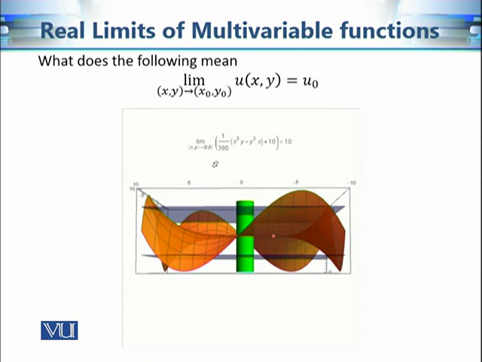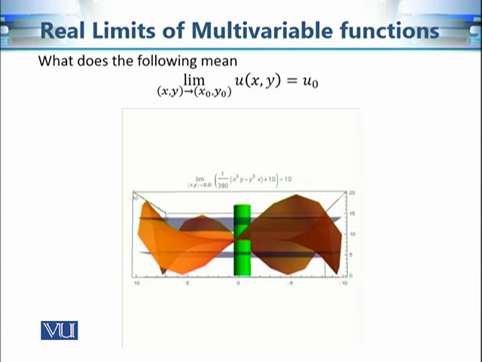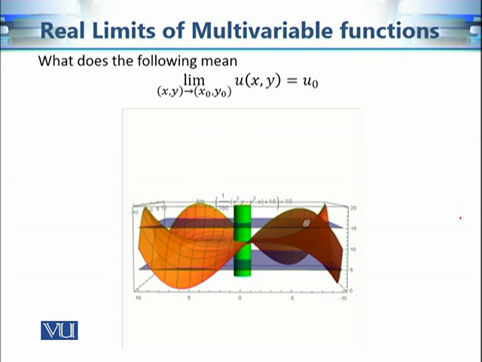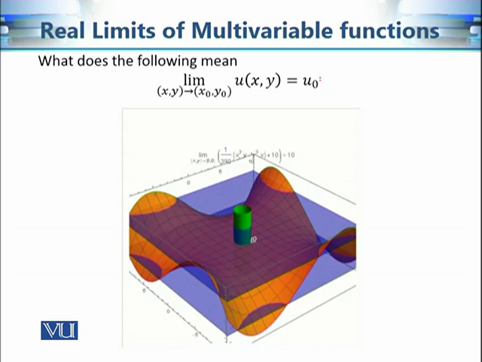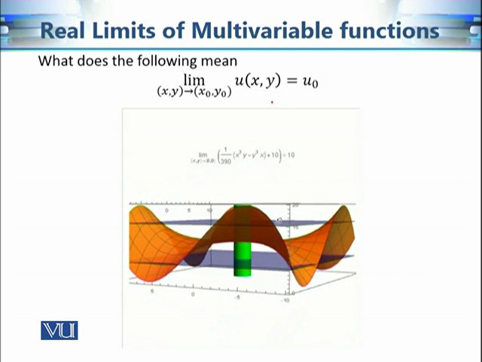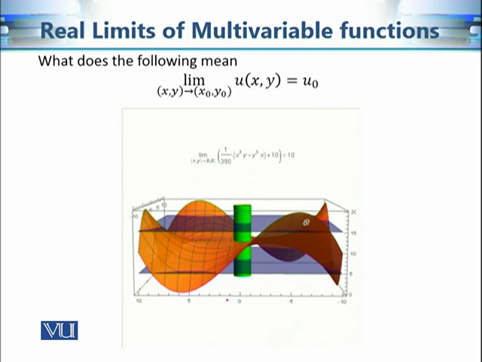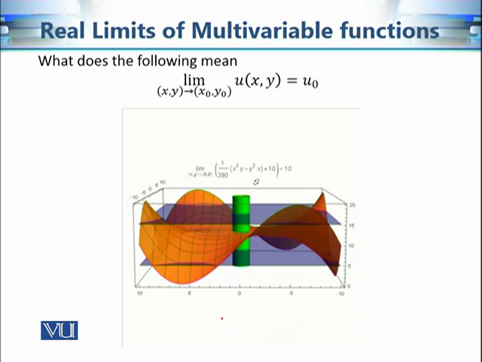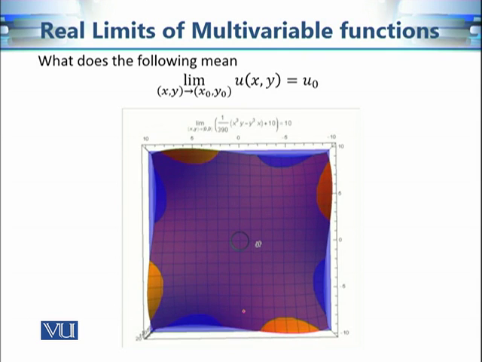Now, what does it mean geometrically? Let's say this light brown surface is the graph of this function u of xy, and we want to see whether, if the distance between functional values and u0 is less than some prescribed value epsilon, there are some points in the domain such that all the functional values corresponding to those points lie between these two blue sheets.